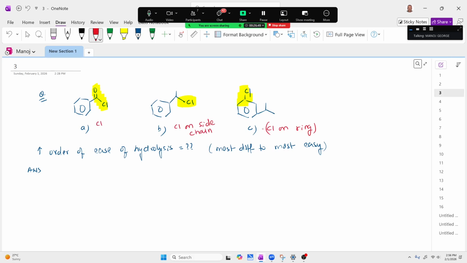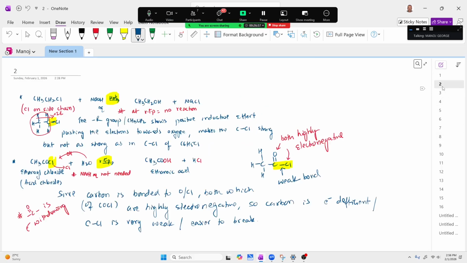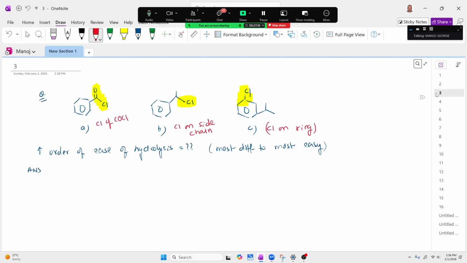And this is Cl of COCl. Did you get it? So you have to apply what concept you learned here. So this is the Cl of COCl. So the chlorine of the acid chloride is the most easy to get hydrolyzed.